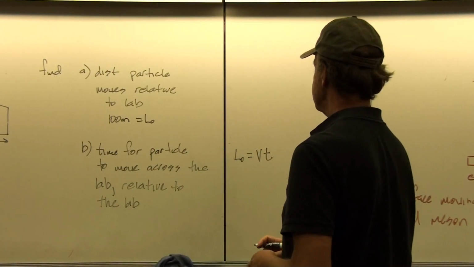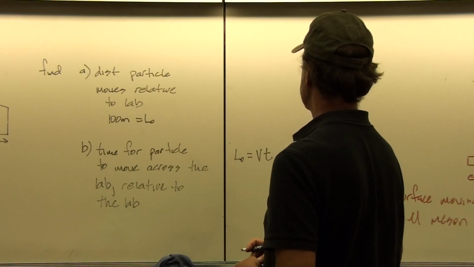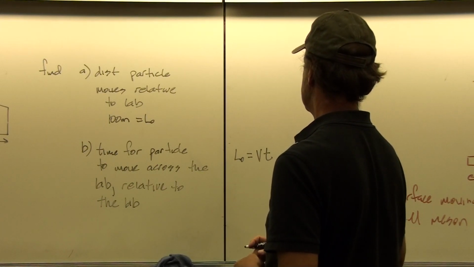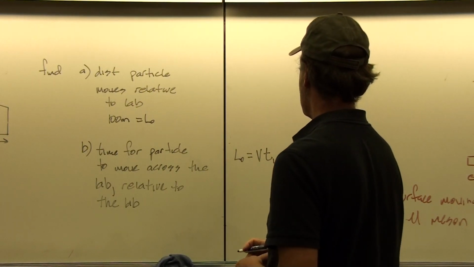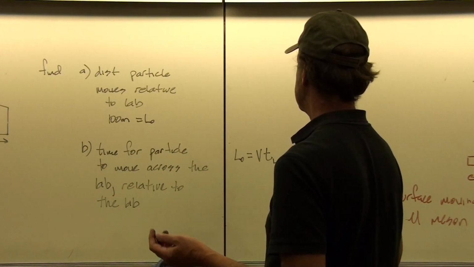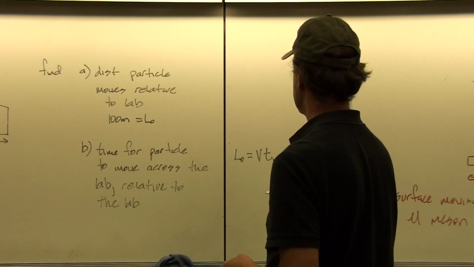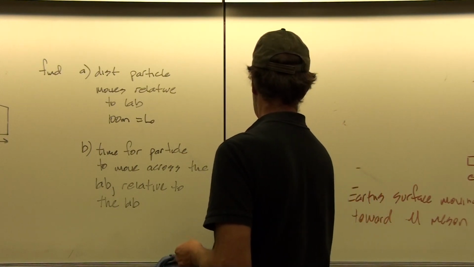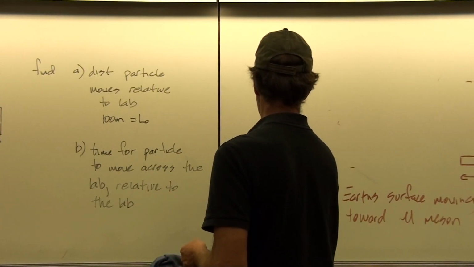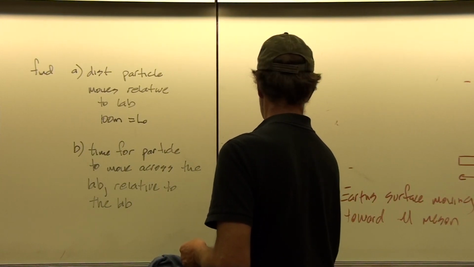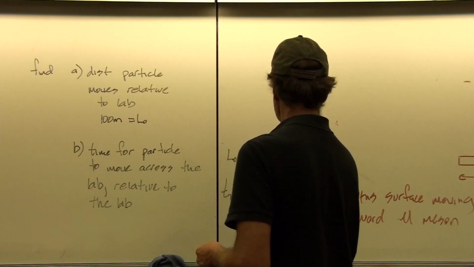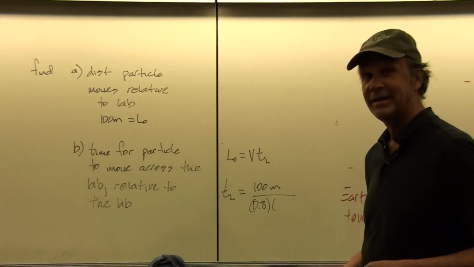So in this case, we're just looking at the original rest time of the lab, and it's just rate times time equals distance. So the time relative to the lab is just equal to 100 meters divided by 0.8.